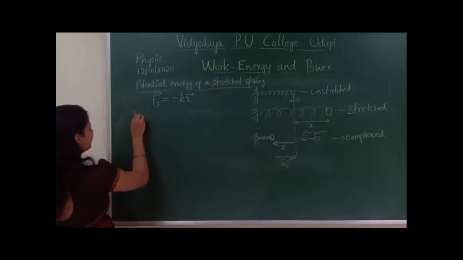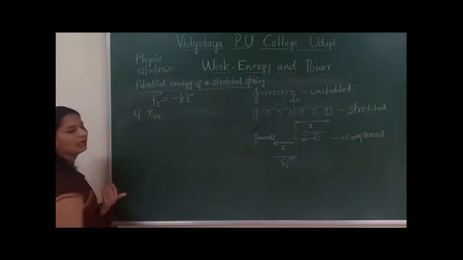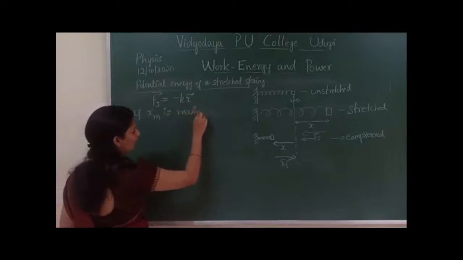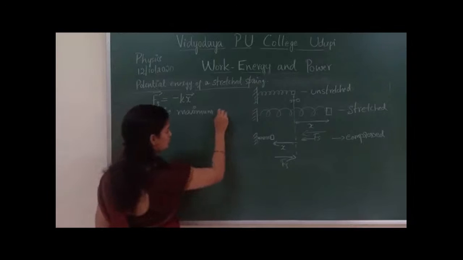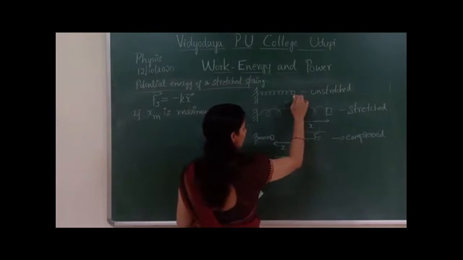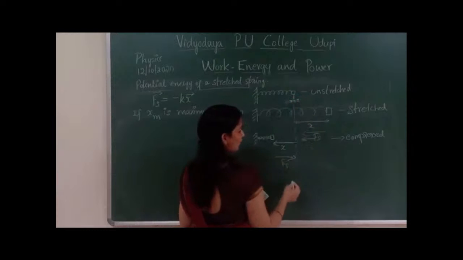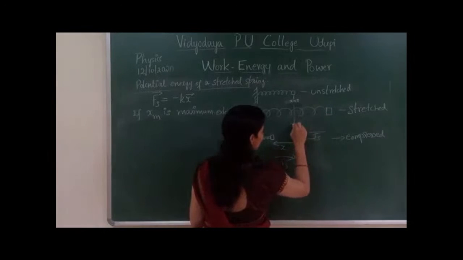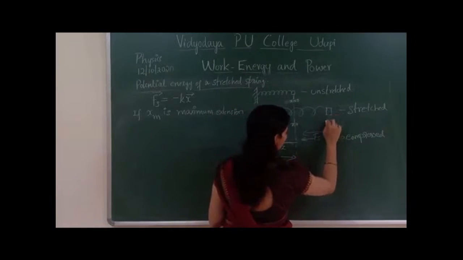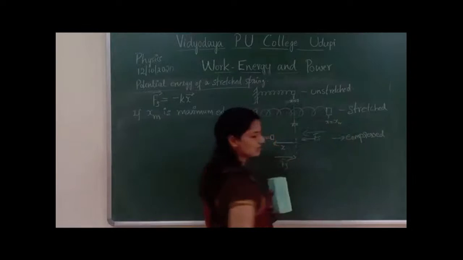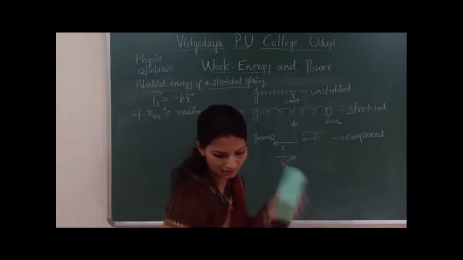Then, if xm is the maximum extension, see, at equilibrium position the value of x is 0. This is the stretched one, so here x equal to xm, the maximum extension or maximum displacement from the equilibrium position, we can say.